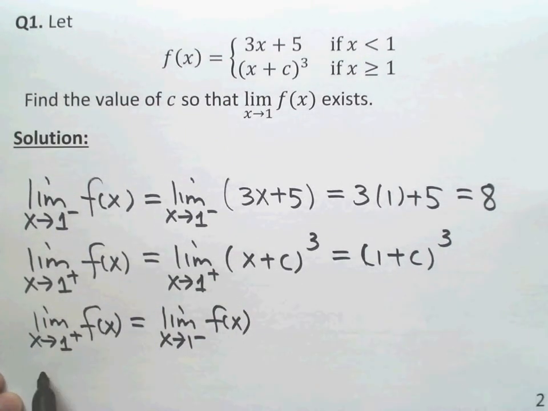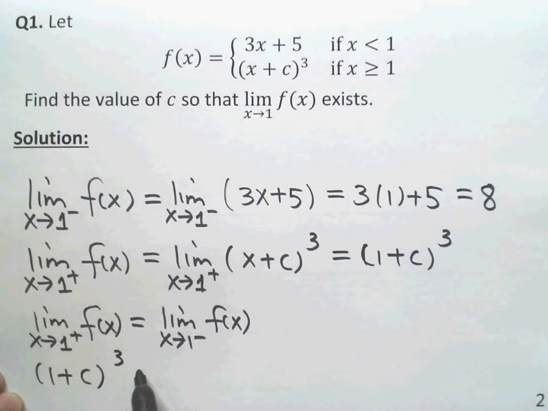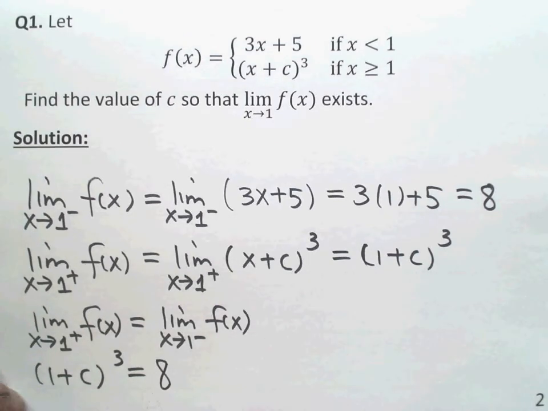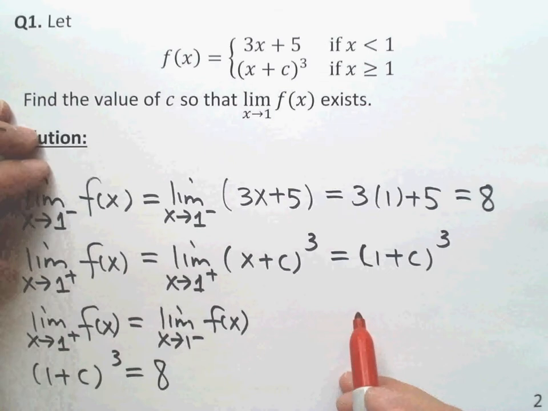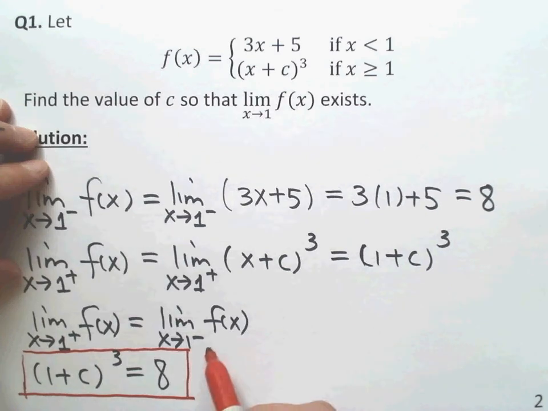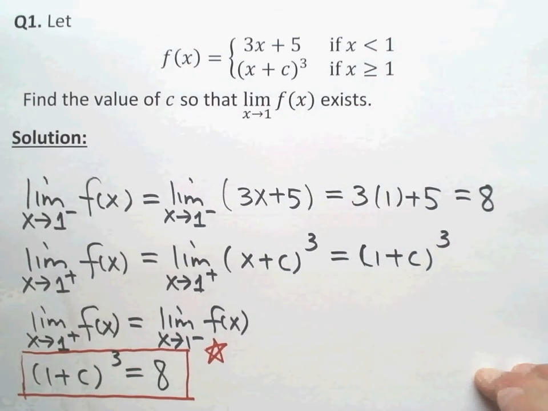So (1 plus c) raised to the third power should equal the left-hand limit, which is 8. All we need is to solve this equation. This is not difficult at all. We have one variable c and one equation. Solve the equation and you get what you need.